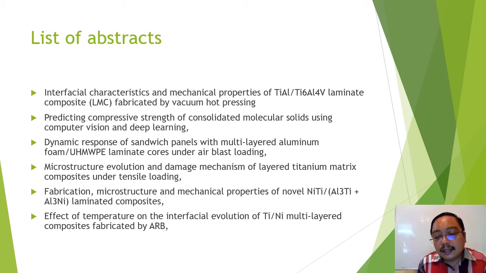What I suggest is, if your university has ScienceDirect, you will have access to all these abstracts, and you can download them for free. Journals your university has to pay for, but abstracts are given free. It's no problem. This is among the titles given when I did this analysis.